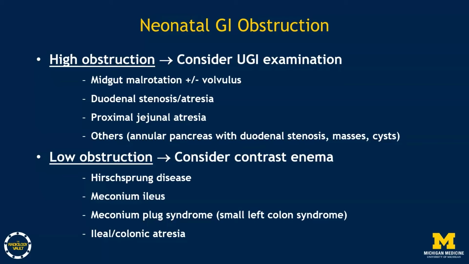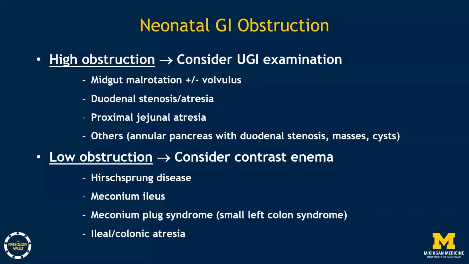Most important, midgut malrotation with volvulus. Now, it also includes duodenal obstructions such as stenosis or, as I mentioned, duodenal atresia, and proximal jejunal atresia.